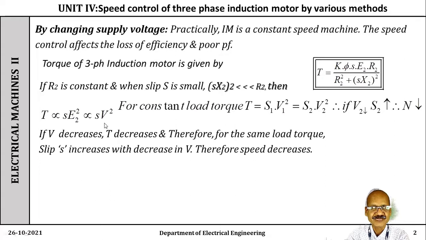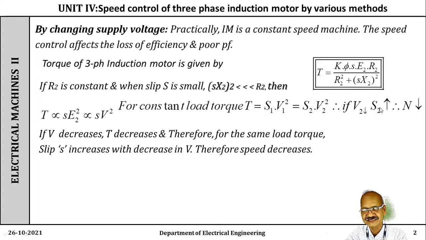And for a constant load torque, T1 is proportional to S1 into V1 square, and T2 is proportional to S2 into V2 square. Therefore, to maintain constant torque, S1 into V1 square equals S2 into V2 square. If V2 is decreased, in order to maintain the constant torque, S2 has to increase.